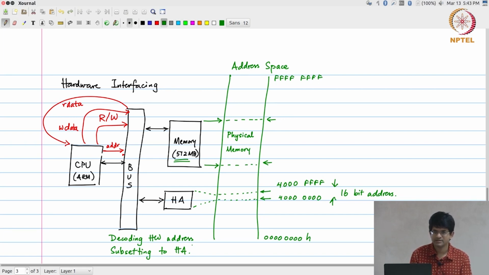You give it an address, it can decide, oh, you want to get some flag, or you want the value of some register, or you want to know the value of some counter. I will take that value from whatever I have available to me and give it back to you. That is ultimately how the FFT module and other such hardware accelerators are going to get interfaced with the system that you are creating.